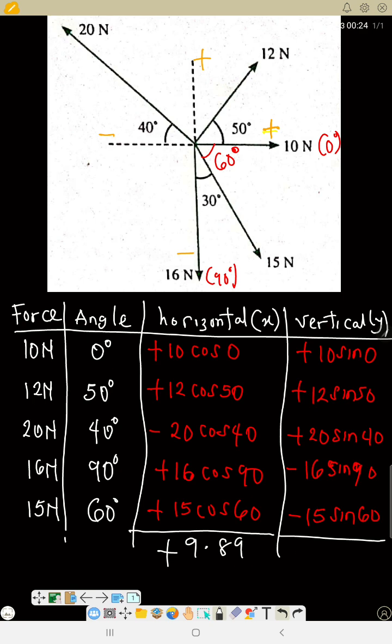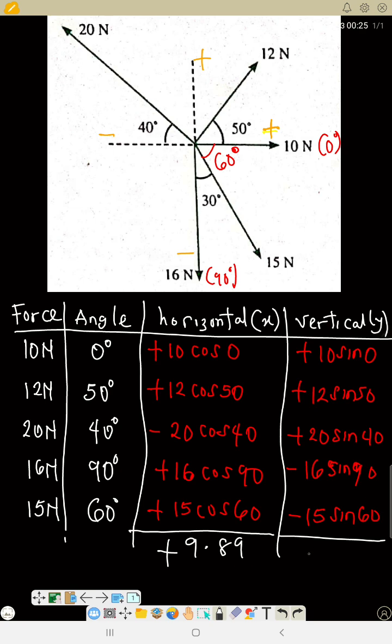Add the other one also: 10 sin 0, plus 12 sin 50, plus 20 sin 40, minus 16 sin 90, minus 15 sin 60.